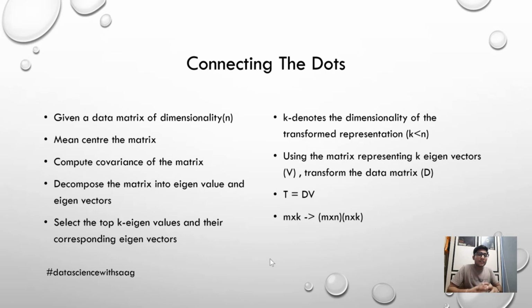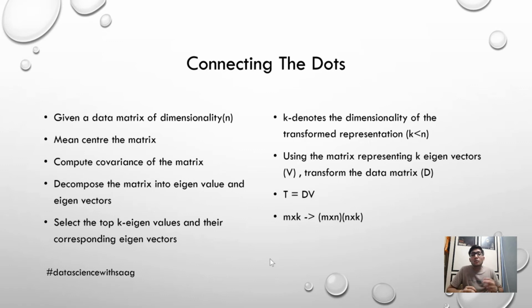Okay. Let us now summarize what we have learned so far. Given a data matrix of dimensionality n, we mean center the matrix, subtracting from each of the values the mean of the attributes. Next, we compute the covariance matrix. We decompose the covariance matrix into eigenvalues and eigenvectors.